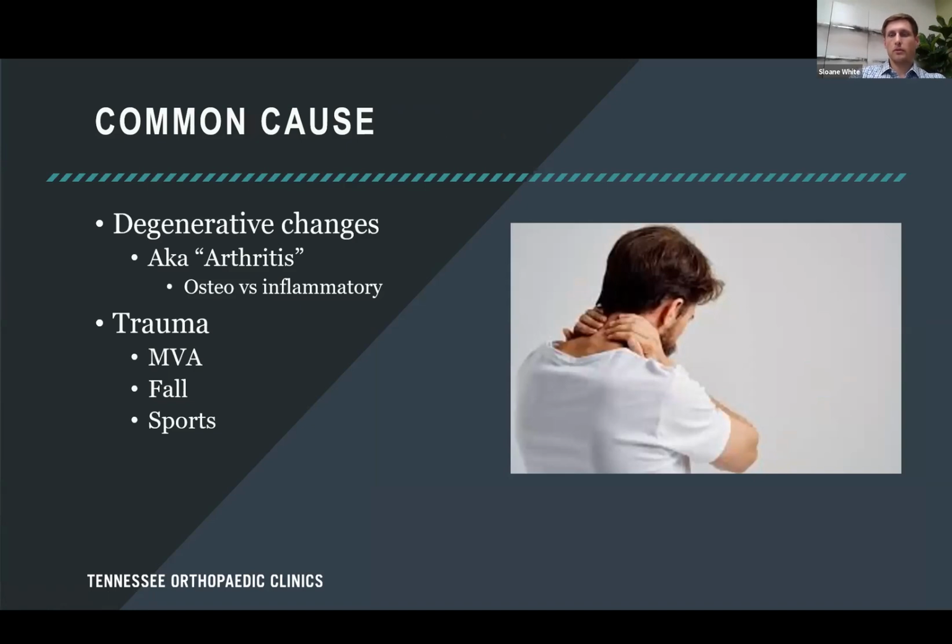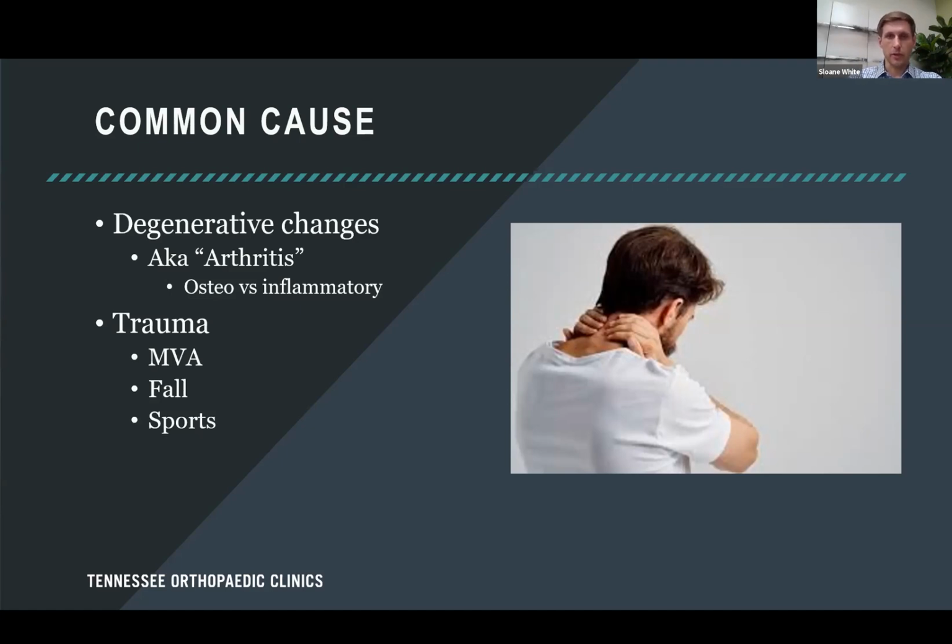So what are the causes of neck pain and arm pain issues in the cervical spine? The majority of them are degenerative changes, such as degenerative disc disease, which is the fancy term for arthritis. Arthritis can be osteoarthritis, which is the classic type of arthritis, which everyone will experience, unfortunately, and it's due to the cartilage or the disc, which is actually part of the cartilage, wearing out and the joints not moving as well as they should.